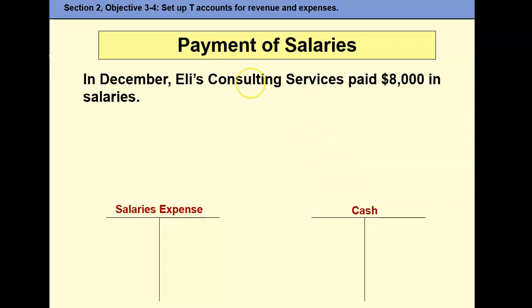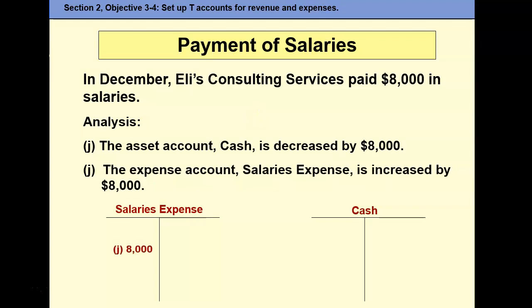Let's now look at some expense transactions. Next, we paid $8,000 in salaries. So the accounts involved will be cash and salaries expense. The cash account is going to decrease by $8,000, whereas the expense account is going to increase by $8,000. Expense accounts increase on the debit side.